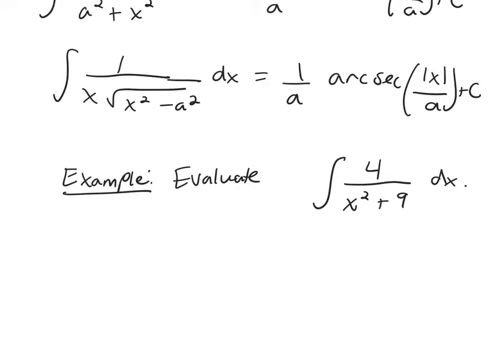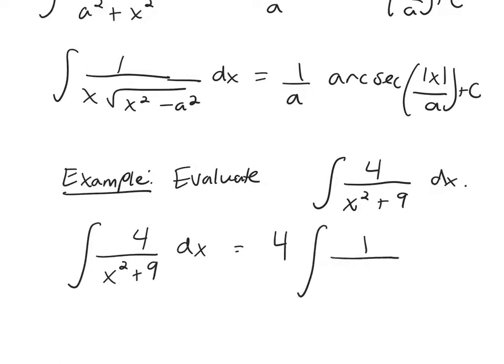The first thing we're going to see is that there's this coefficient of 4 in the numerator. So we're going to pull that out in front. And then this 9 is the same thing as 3 squared. Now what's left inside the integral looks like one of our inverse trig functions.